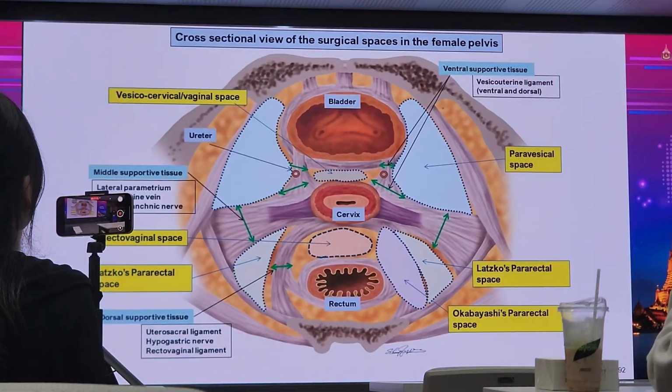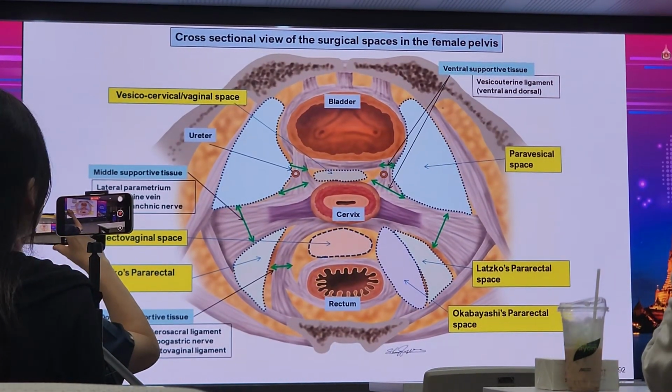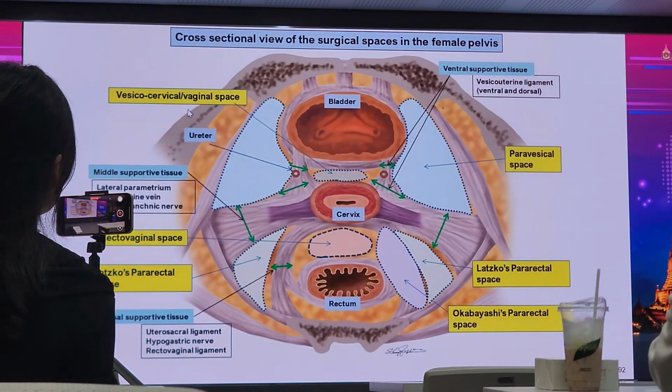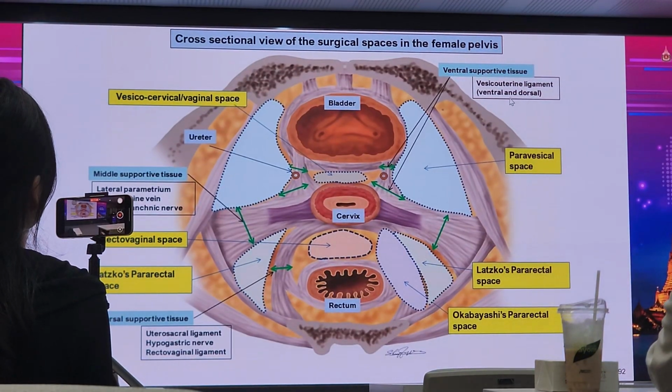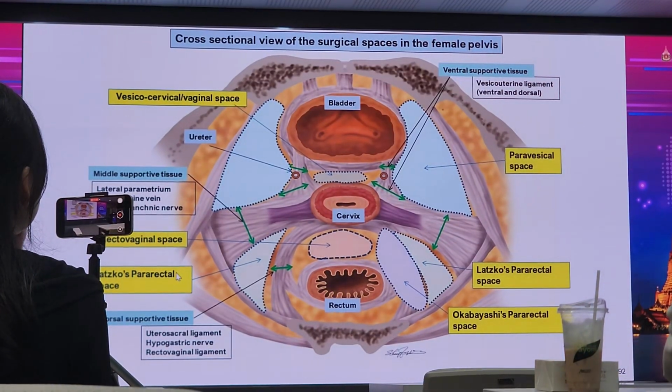And that is the basic one, and we are now going to the more sophisticated one. Like this is the supportive tissue, the ventral supportive tissue, the middle supportive tissue, and the dorsal supportive tissue, to divide these planes. The ventral supportive tissue contains the vesicouterine ligament, and the middle supportive tissue has the lateral paramedium, the deep uterine vein, and the pelvic splanchnic nerve also enters at this Mackenrodt ligament.